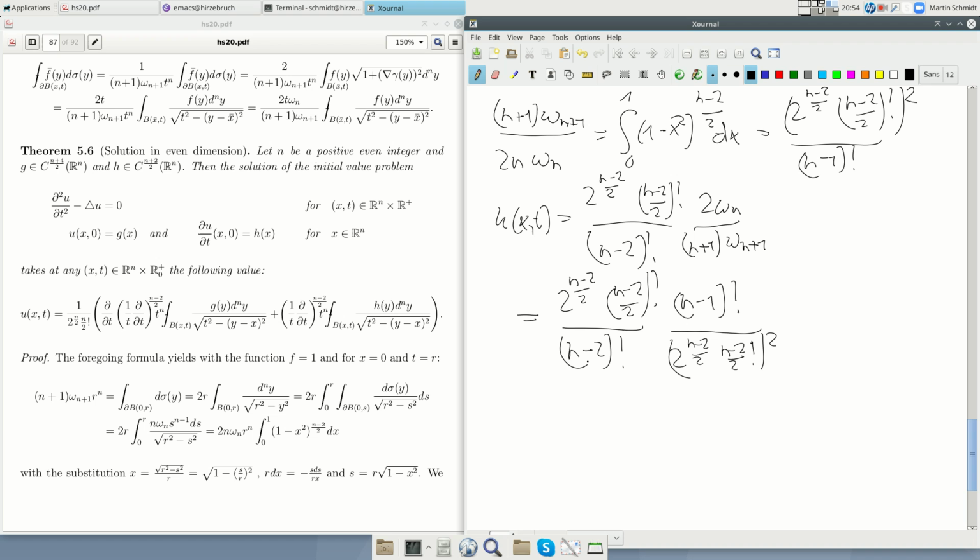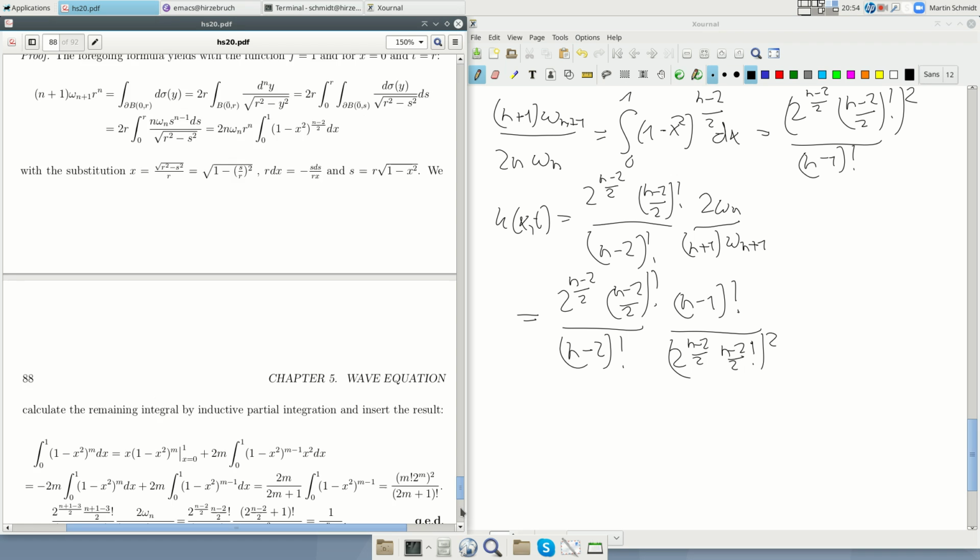So this is the constant which we have to evaluate. Then we see, of course, all this cancels, and here it remains an extra n.